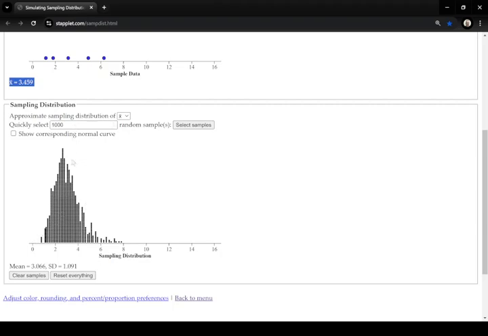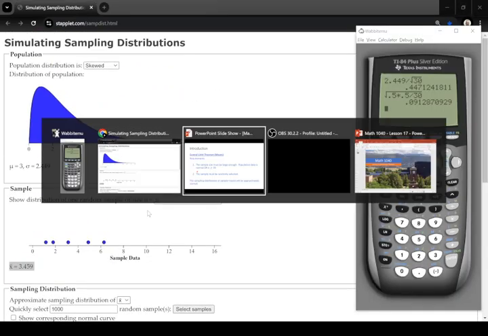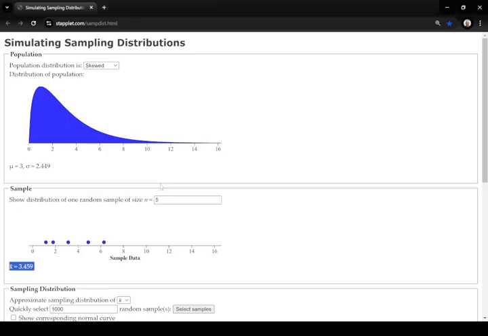And it actually looks fairly normal, but there is a bit of a right skew here. This rule of thumb, it's just a rule of thumb, is very, very conservative. So even my sample of 5 was pretty close, but basically we would say it doesn't meet the criteria. And so it wouldn't be good enough.